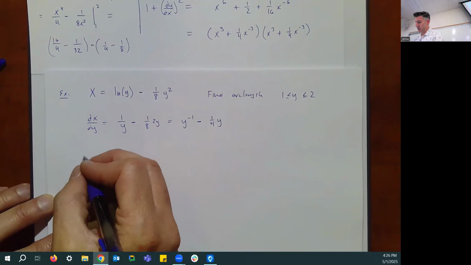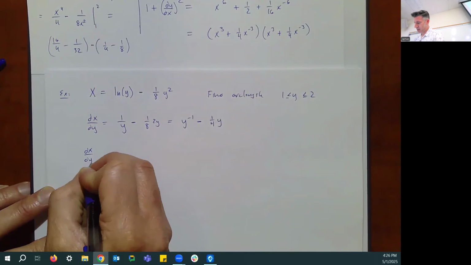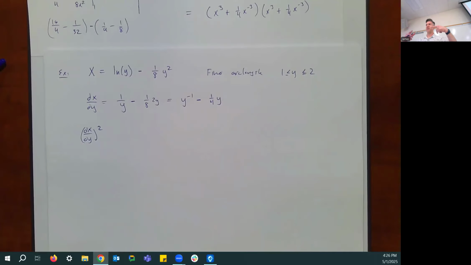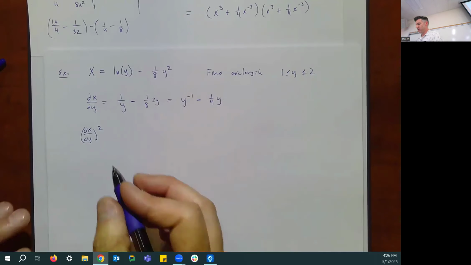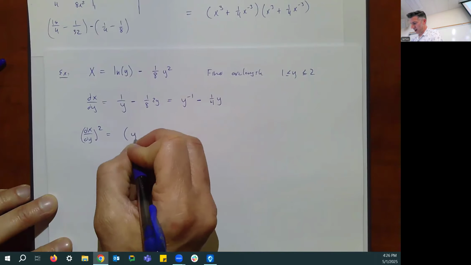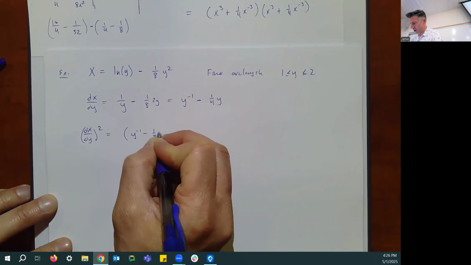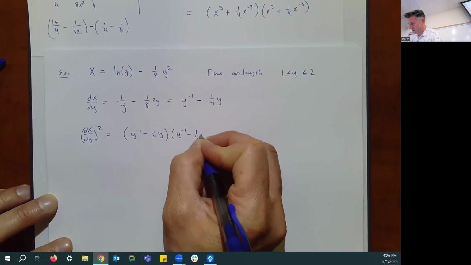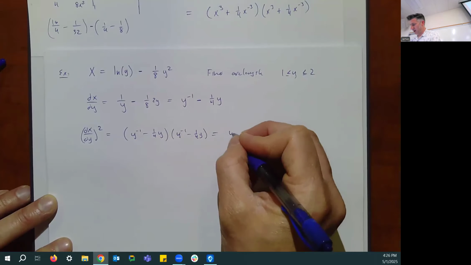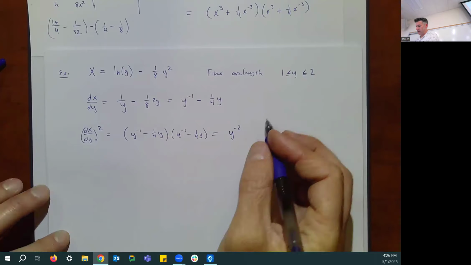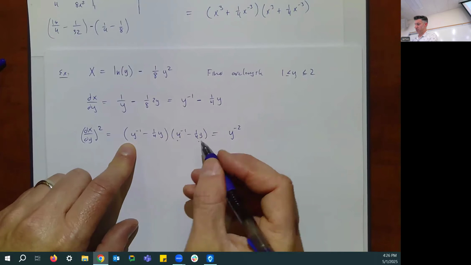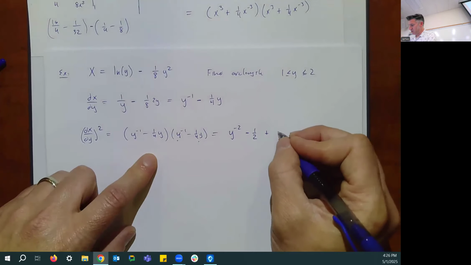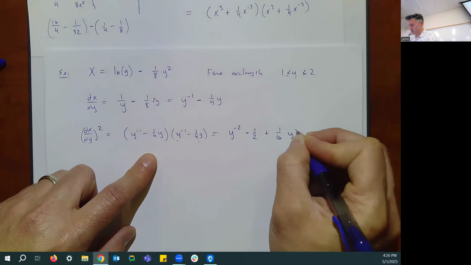So then I'm going to square it. I do think it's worth doing all this work step by step instead of just starting with the integral. So squaring it, we get y to the negative 1 minus 1/4 y times y to the negative 1 minus 1/4 y. We multiply it out, we get y to the negative second. We get a negative 1/4 minus another 1/4, which is a minus 1/2. And then we get plus 1/16 y squared.